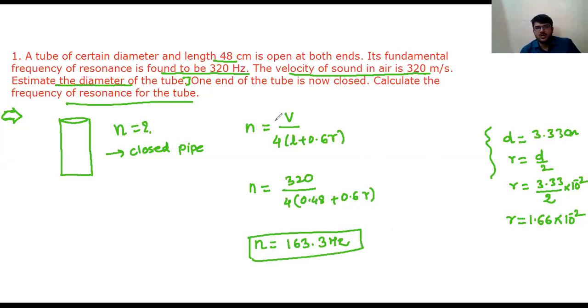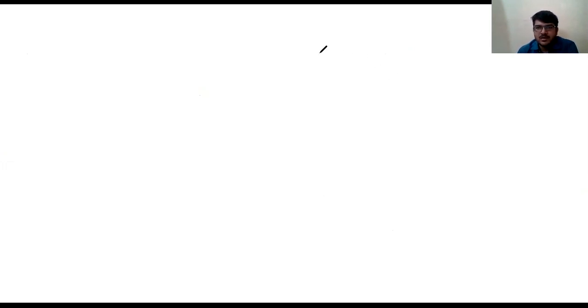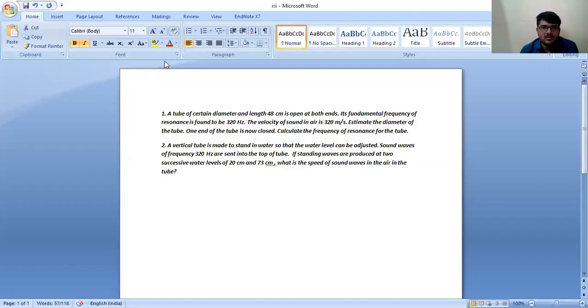So this is one model problem on yesterday's topic. Next problem. This problem is based on resonance model.